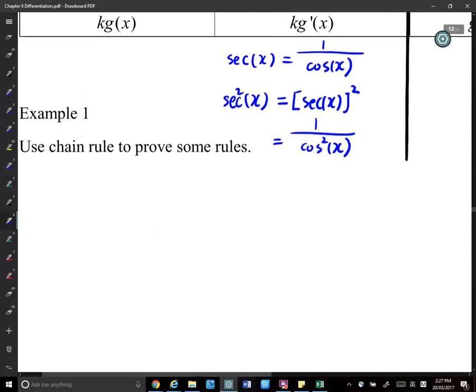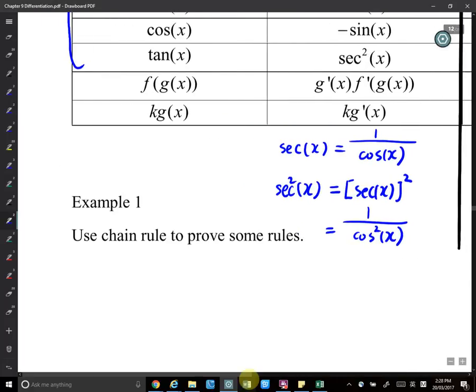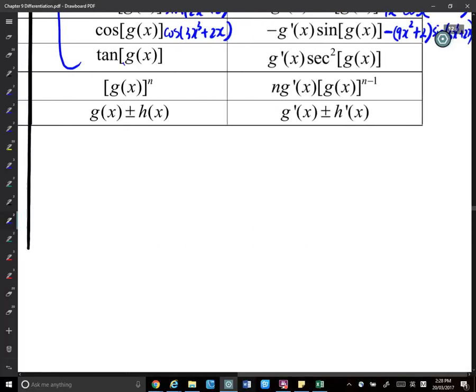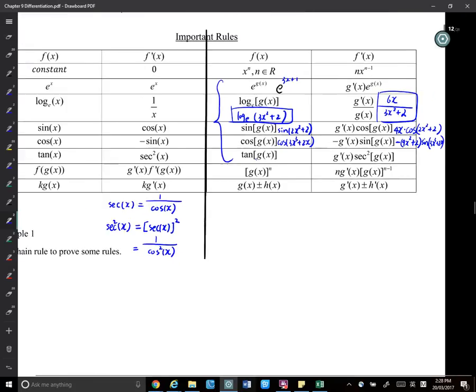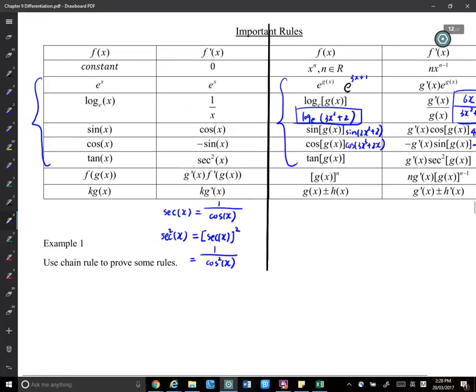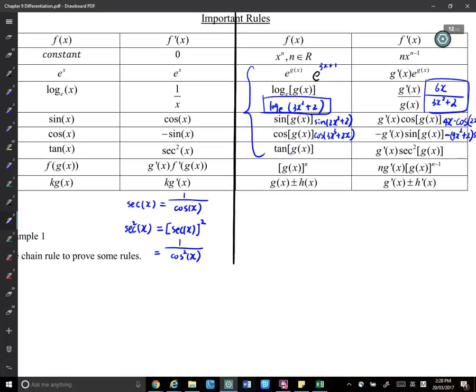If you times a function by a number, you just derive it and times the constant. If you plus or minus, you can derive them separately and add or subtract them. I put everything you need to learn for differentiation rules in year 12 in this table.